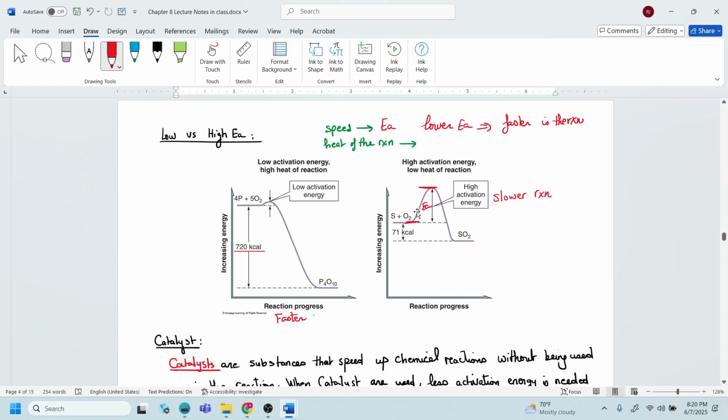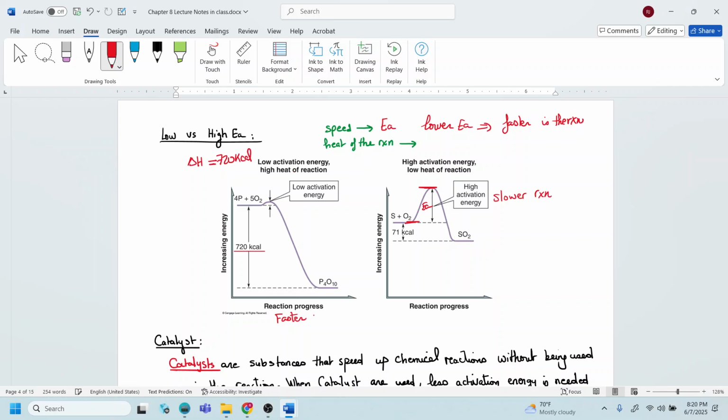So I would say that this reaction is a slow reaction, and the heat that is liberated is a low heat, versus this one is a fast reaction, and the heat that is liberated is going to be a high heat of the reaction. High heat of the reaction because delta H here is minus 720 kilocalories.